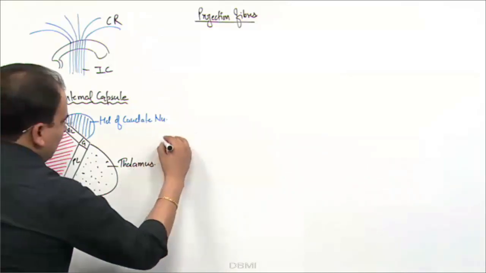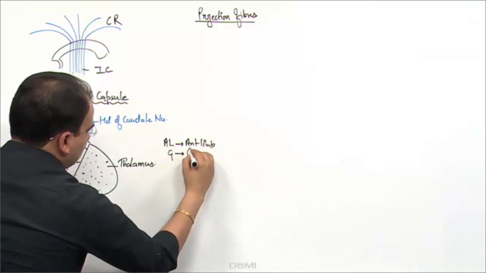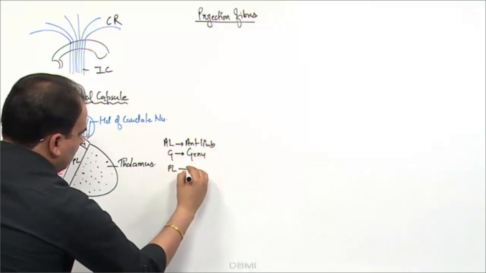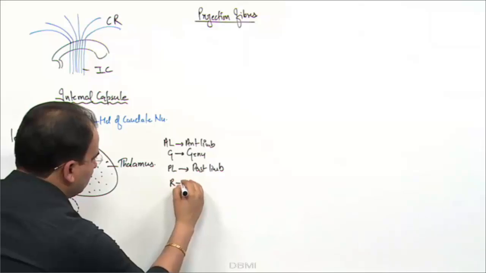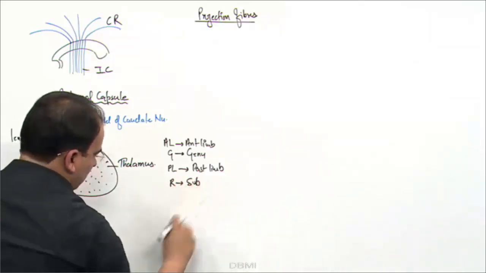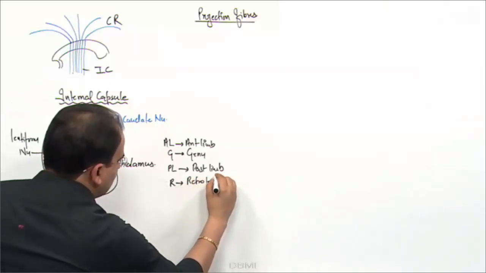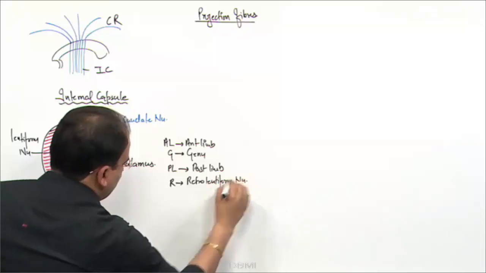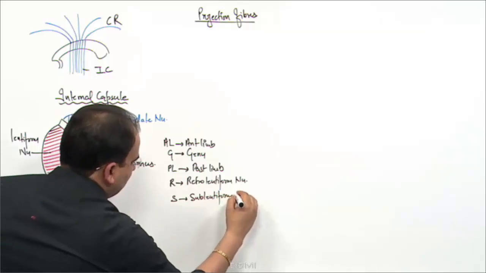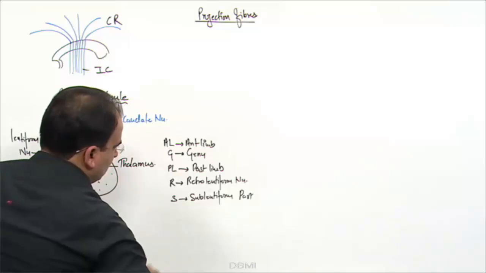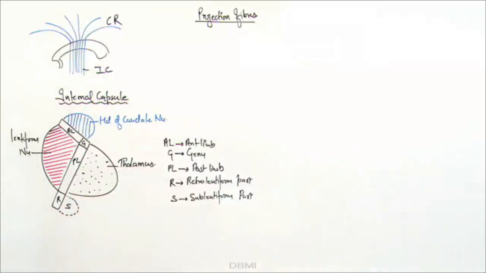I said the part AL is for the anterior limb, G is for genu, PL for posterior limb, R and S. R is for retrolentiform part behind the lentiform nucleus, and S is for sublentiform part which is present below the lentiform nucleus.